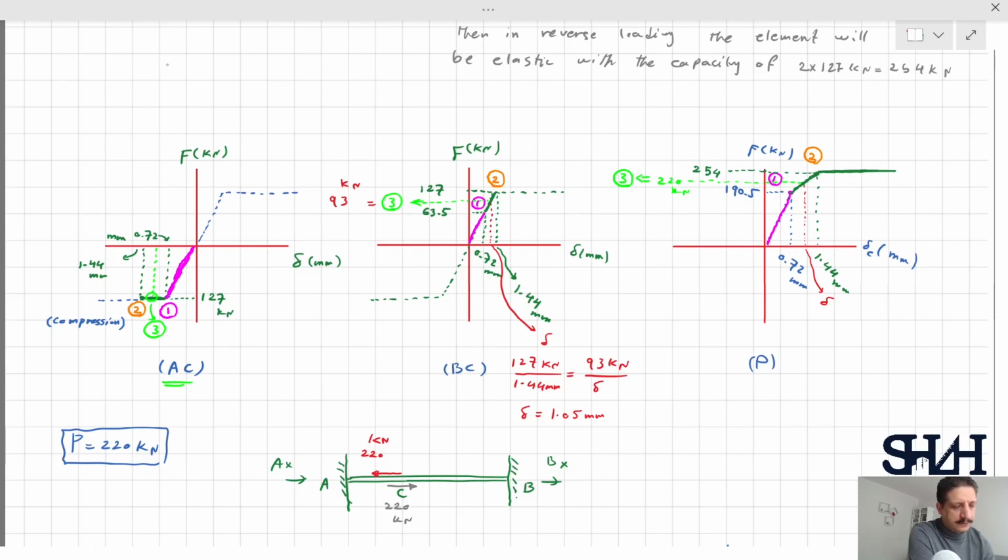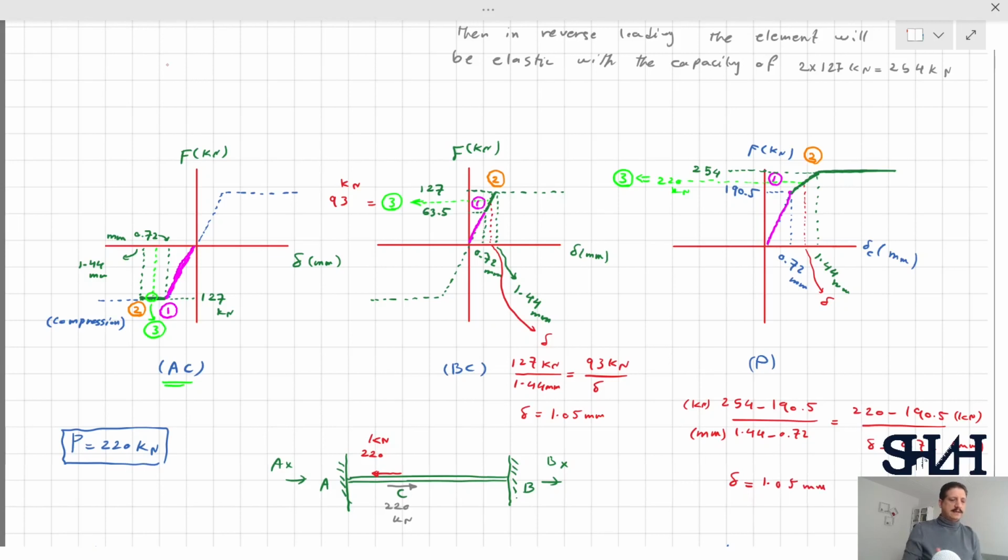If we want to calculate from this graph, we can write down that 254 minus 190.5 kilonewton divided by 1.44 minus 0.72 millimeter will be the same as 220 minus 190.5 divided by delta minus 0.72. So from here we can calculate delta, which is 1.05 millimeter.